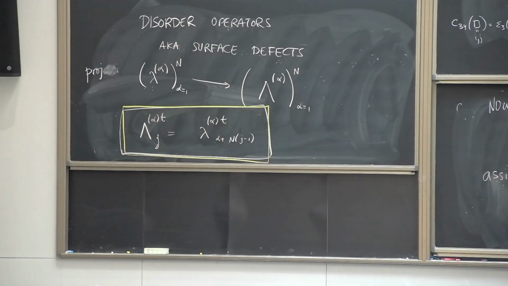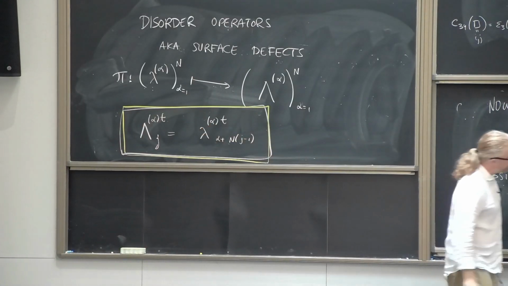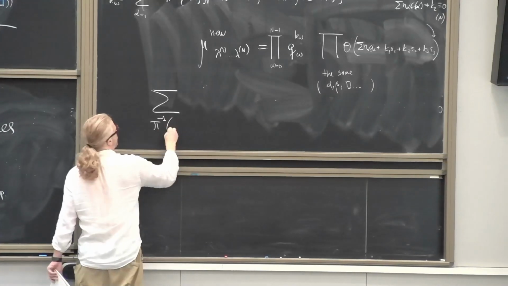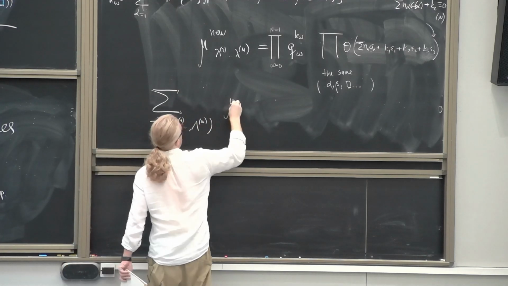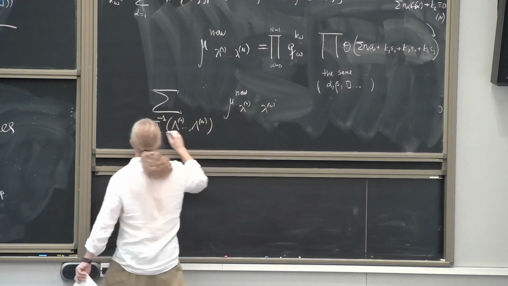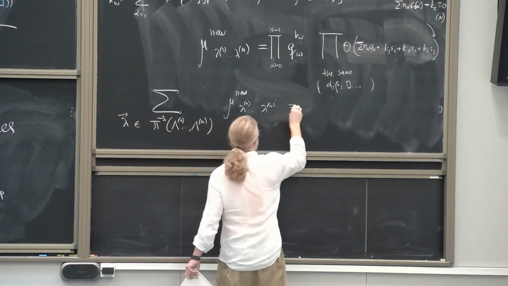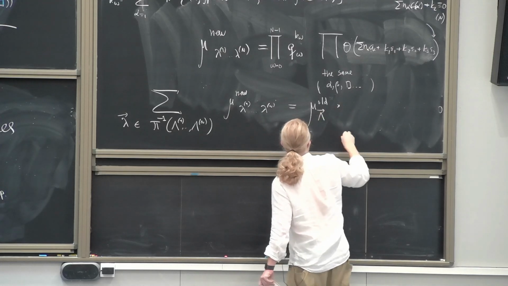So the claim is that this crazy measure, which is obtained by crossing out lots of terms, when you sum over, call this map pi, pi inverse of lambda 1, ..., lambda n, of mu is equal to the old measure evaluated on these capital lambdas times an observable.